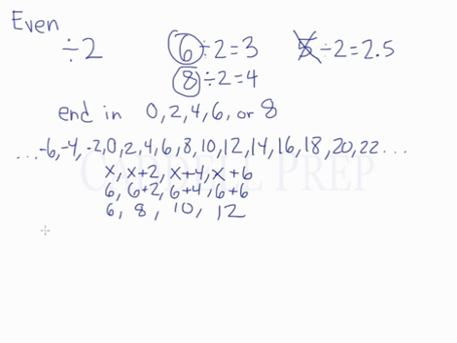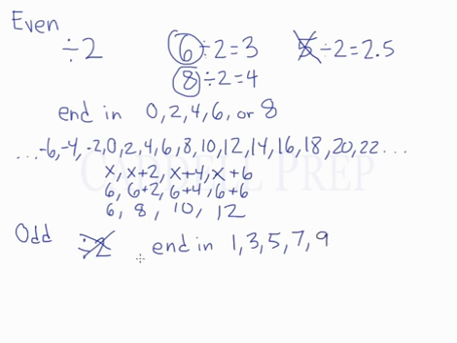Okay, but there's also odd integers. Odd integers are not divisible by 2. So, just like these end in 0, 2, 4, 6, or 8, odd integers end in 1, 3, 5, 7, or 9.